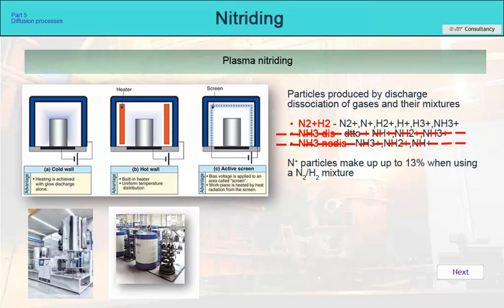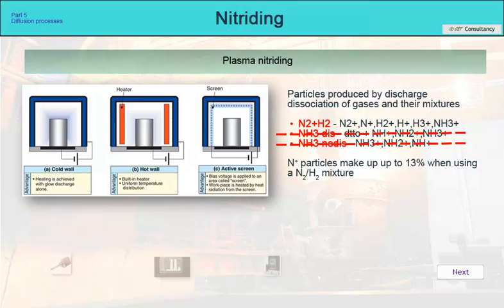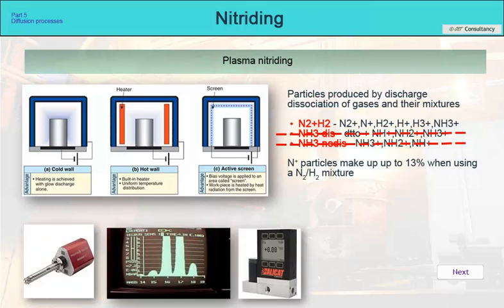Nitriding usually takes place in a mixture of nitrogen and hydrogen gases. Since we are not dependent on their ratio of 1 to 3, as we know it in ammonia dissociation, we can control the saturation ability of the atmosphere at will. However, since a hydrogen probe cannot be used in a vacuum, the criterion for the saturation ability of the atmosphere is the partial pressure of nitrogen.